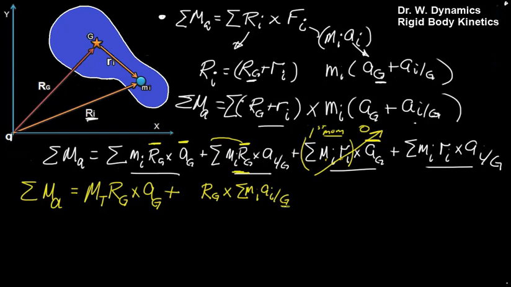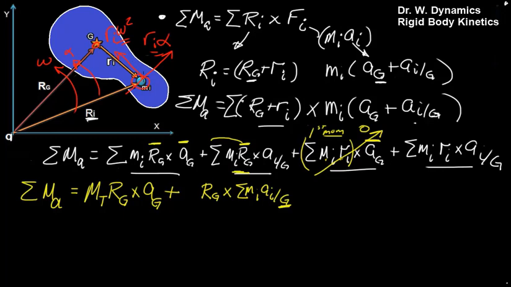Now this is with respect to the centroid. If we look at our body, the acceleration of i with respect to G has 2 potential types. It could have an Ri alpha type, and it might also have an Ri omega squared type, as this system potentially could have an omega and an alpha associated with it.